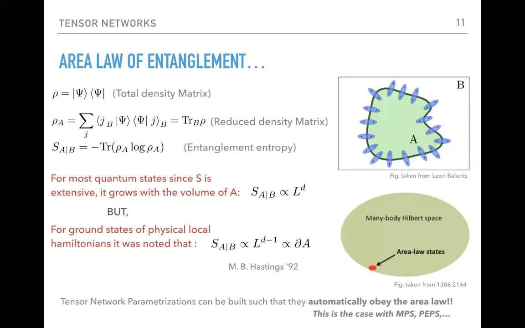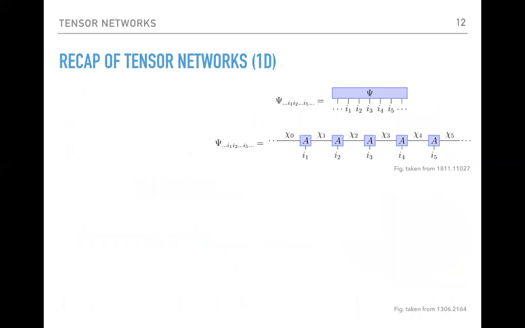Okay, so let me recap what we learned about tensor networks so far. Tensor networks are just a quantum state ansatz where you say, I'm going to parameterize my state in this way. The interesting aspect is that the number of parameters that you have to tune grows polynomially instead of exponentially, like we learned.